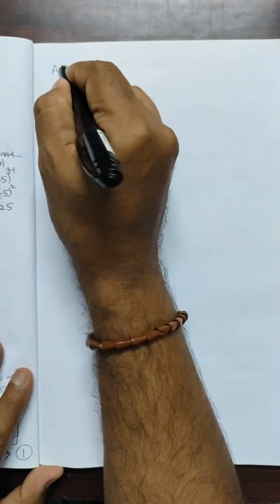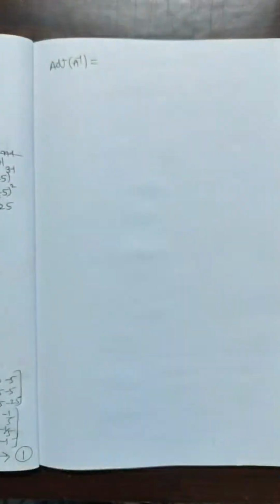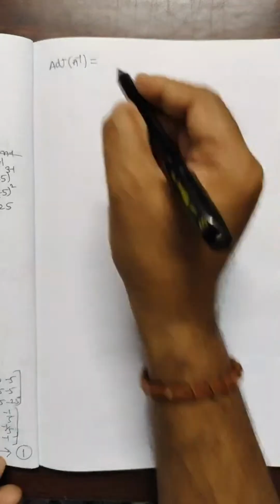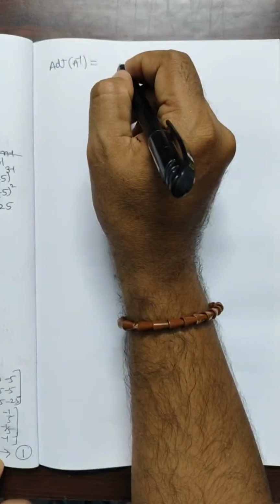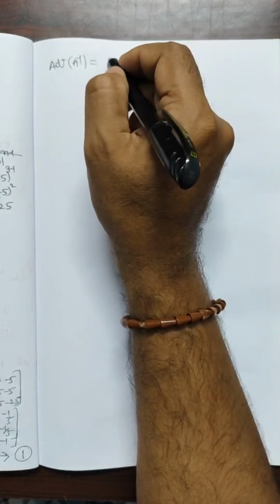So adjoint of A inverse is equal to adjoint of A inverse, equal to, properties for that.